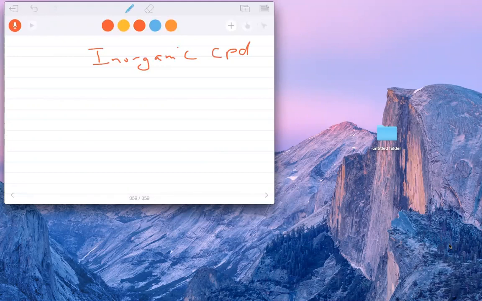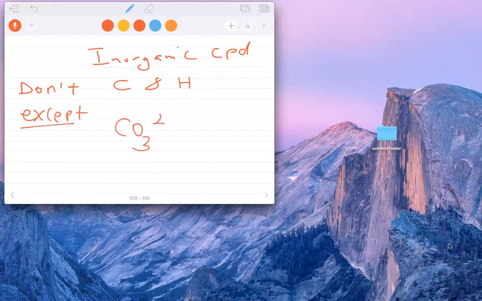Most inorganic compounds don't have the element carbon and hydrogen, except carbonate, which is a polyatomic ion, and cyanide, which is also a polyatomic ion. For the most part, inorganic compounds do not contain the element carbon and hydrogen.